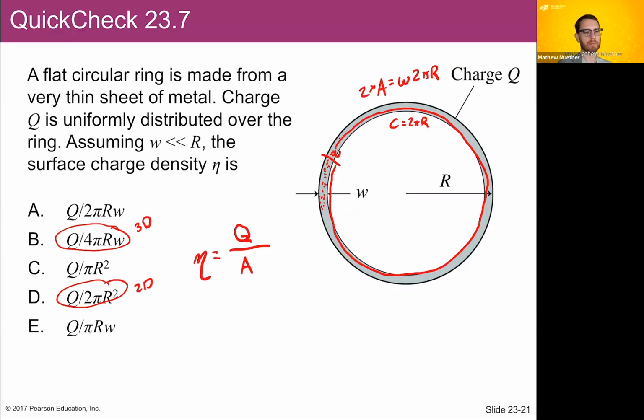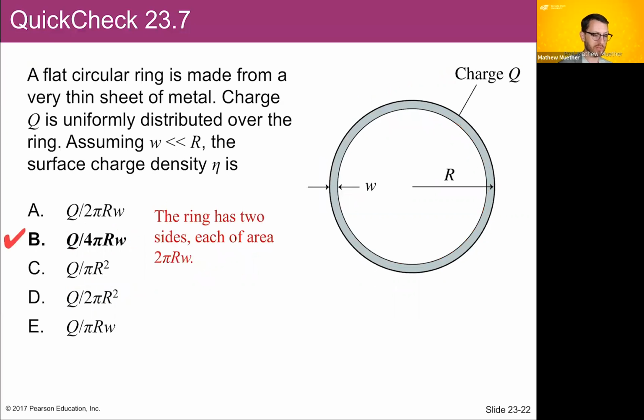So if you want to be really precise, if it's a physical object that has some thickness, that charge can distribute itself on the top and bottom surfaces here. So if it's an actual physical ring, we would probably say B is the case. But if it's thin enough, then D is a pretty reasonable estimate.